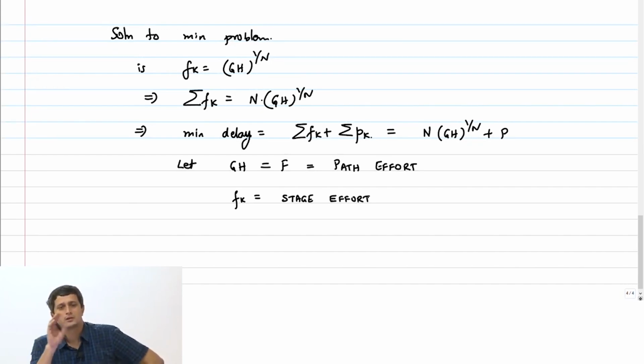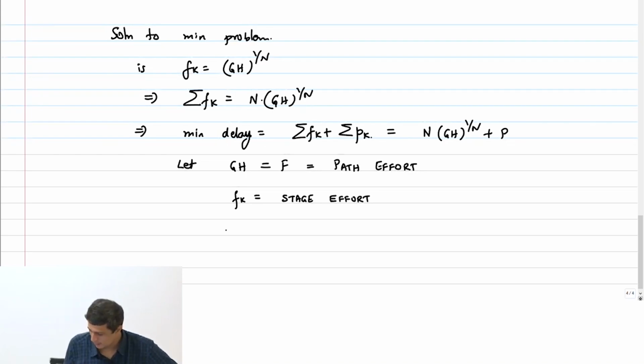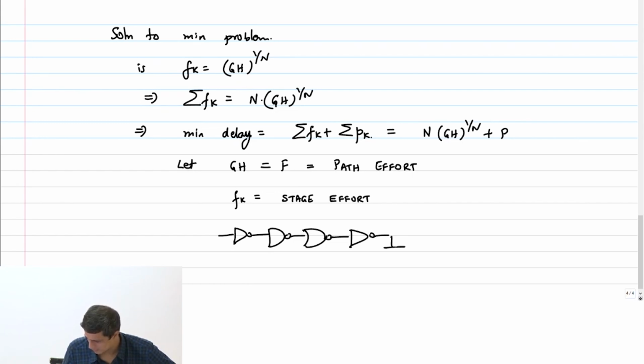So what is this solution telling us? It is telling us that in order to minimize the delay, each gate must be doing an equal amount of work. For example, if I have a gate like this, one more inverter and then a load capacitance.